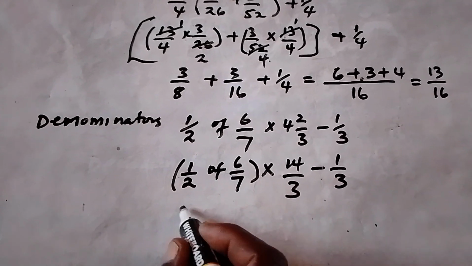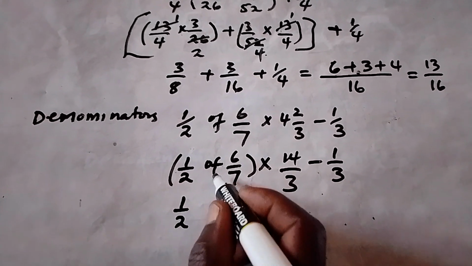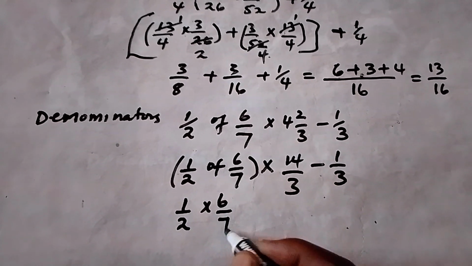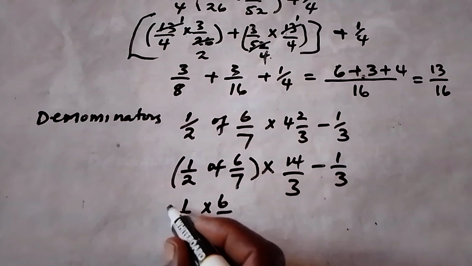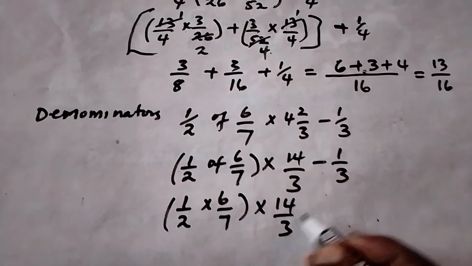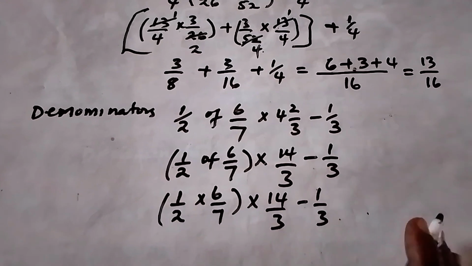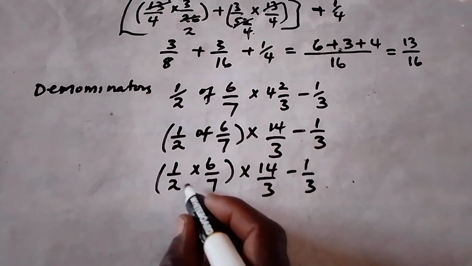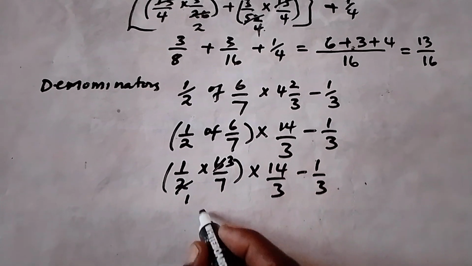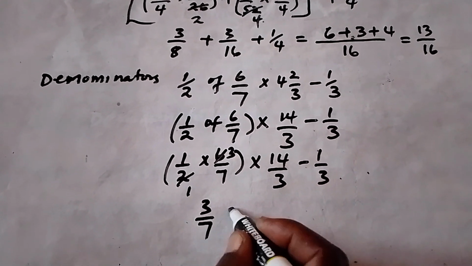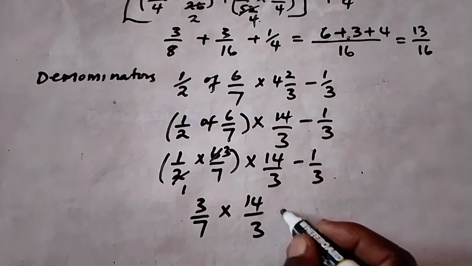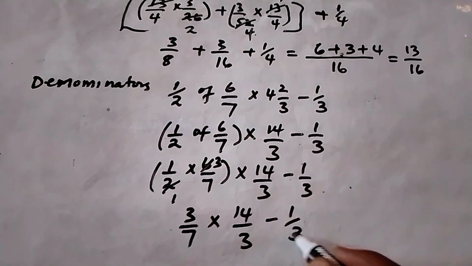We simplify this. This of sign becomes multiplication, so we multiply by 6/7, then times 14/3 minus 1/3. From there, we simplify this by 2, 1 by 2 gets 3. So we'll have 3/7 times 14/3 minus 1/3.